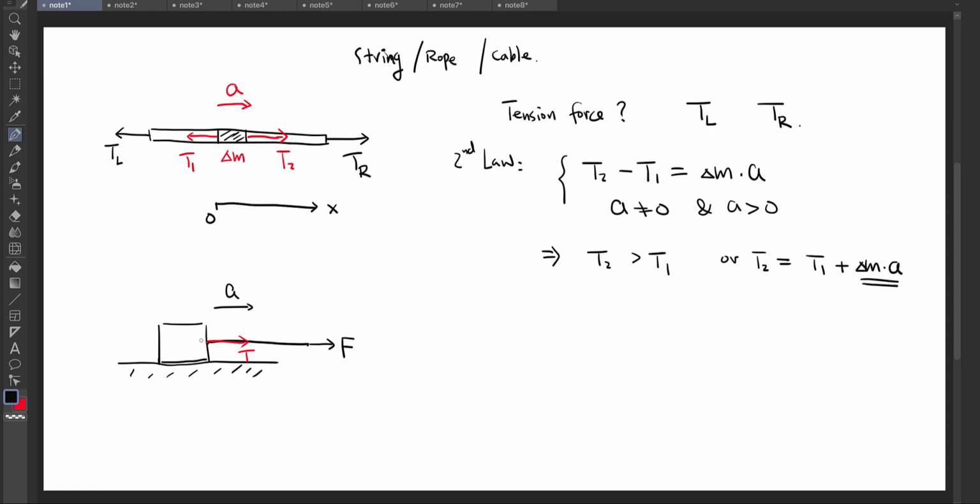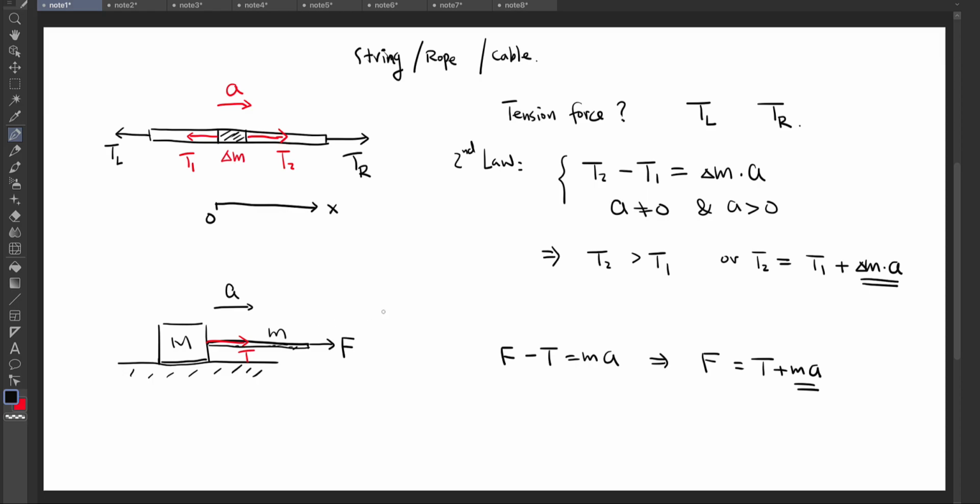Now I can do this also for the problem here, where I consider the whole string, its mass little m. According to Newton's second law, F minus T on the left side equals ma, and then we need to include the string mass in our calculation.